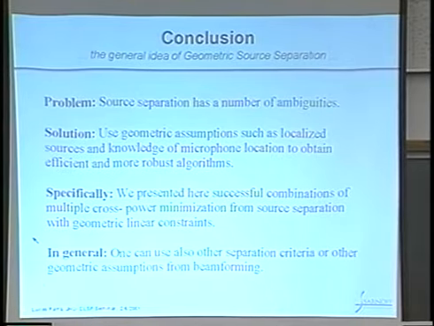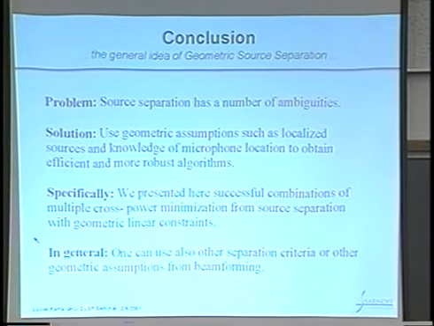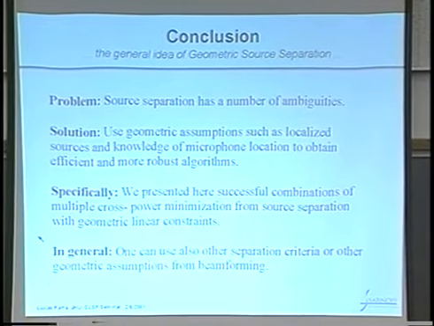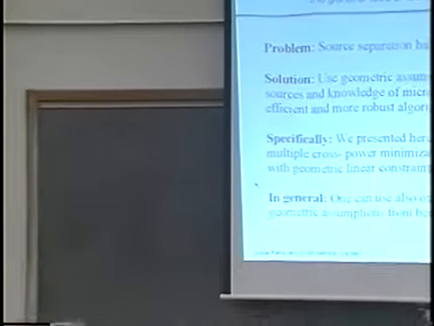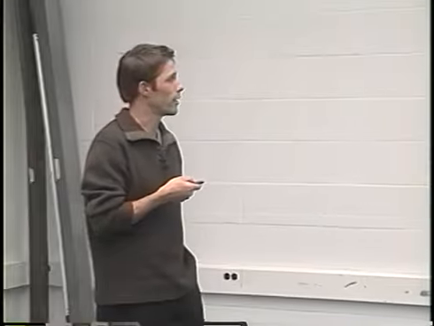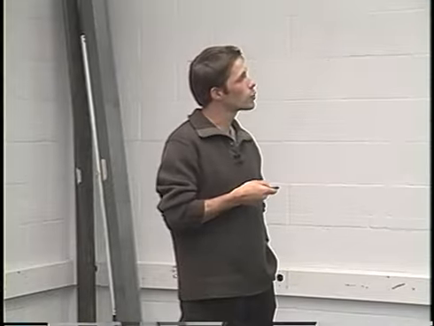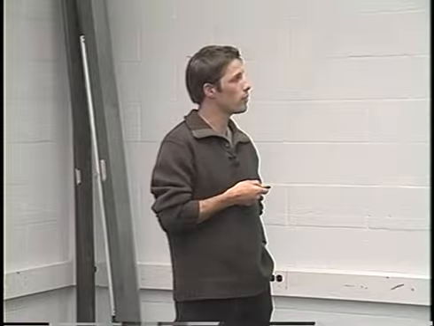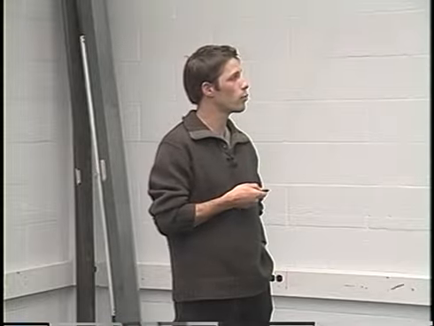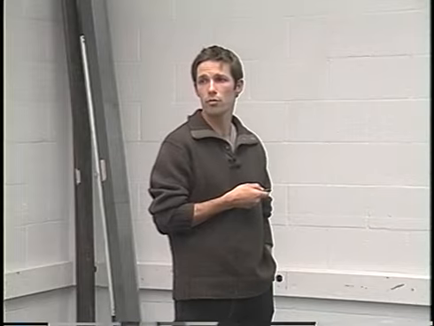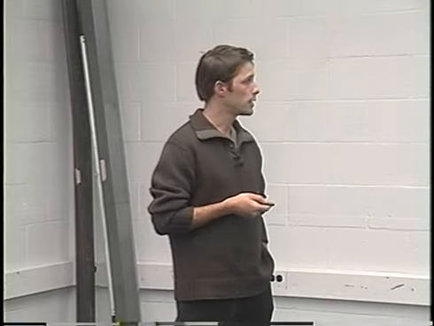And one solution I give here that is, I think, rather generic is to use geometric information, like you know where the microphones are, and you can make assumptions like the user's localized. If it's fair. If it's not fair, then it's not a good assumption. Don't do it, right? And I've more specifically said that you could do it by doing cross-power minimization combined with the linear constraints that you take from geometric beamforming.